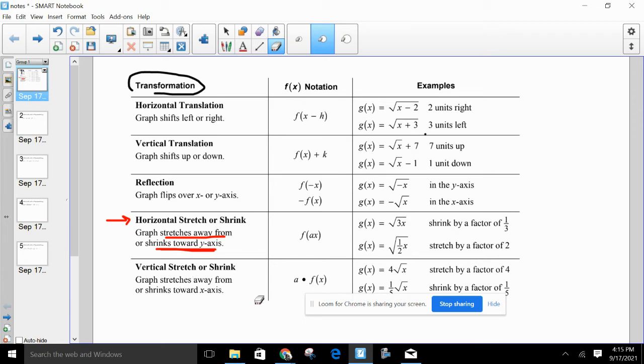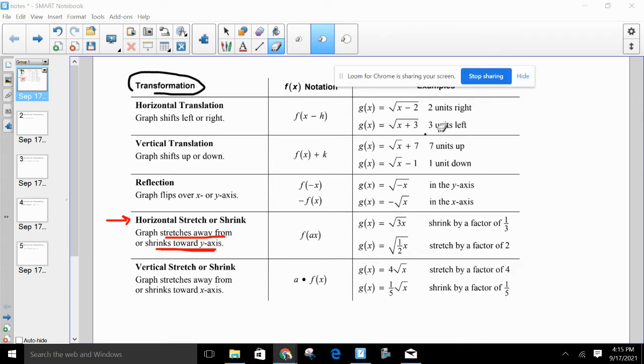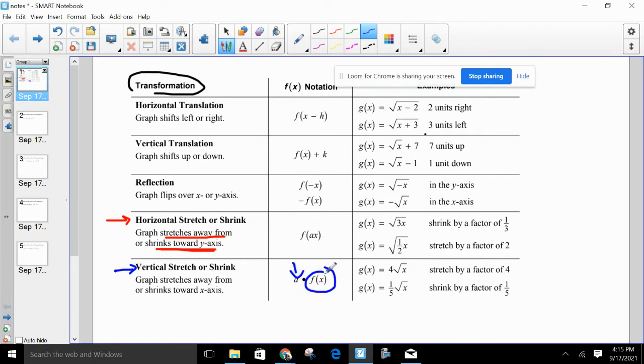How about vertical stretch or shrink now? Notice the difference now. A vertical stretch or shrink, let me get a blue marker. Vertical, so that's up and down. A vertical stretch or shrink, notice what we're doing is we're taking the function and multiplying by something outside of it. Here on the horizontal, we're multiplying by a fraction or a whole number inside the square root. But what if the number's outside the square root?